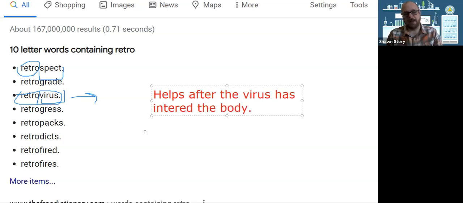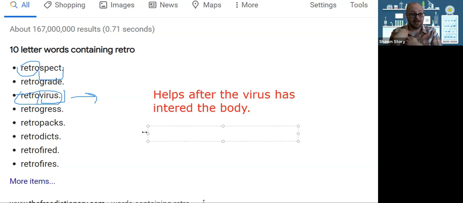So retroviral medication will often stop viruses from attaching to cells. For example, HIV treatment. They have retroviral medication for HIV that prevents the HIV virus from attaching to cells. But that means the HIV virus still enters the body, right?